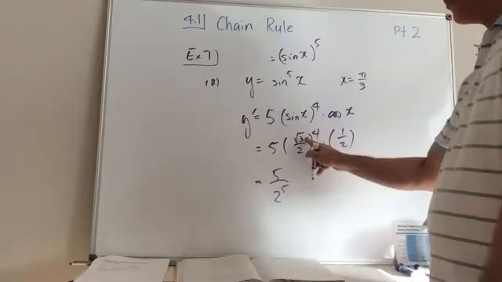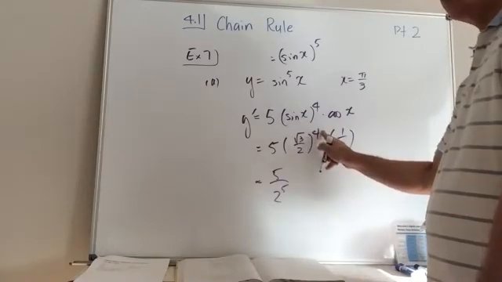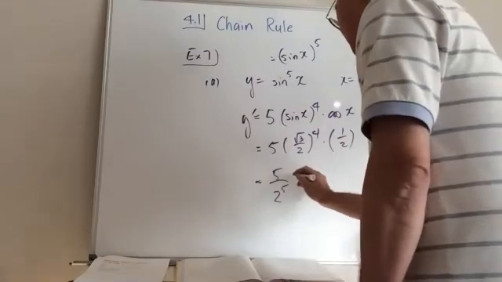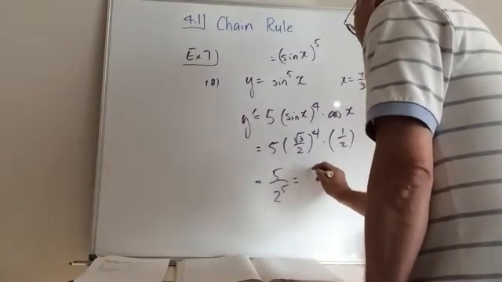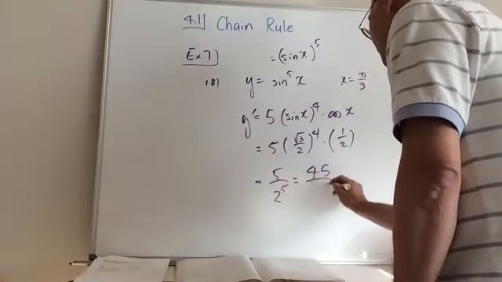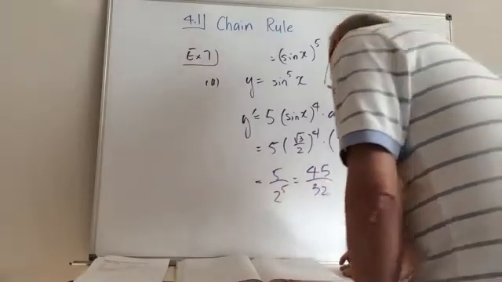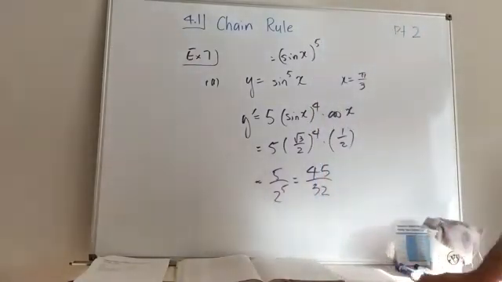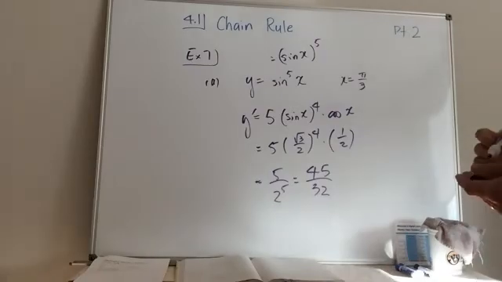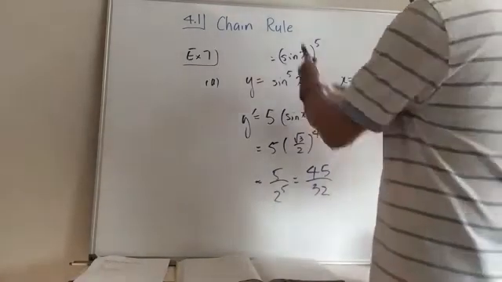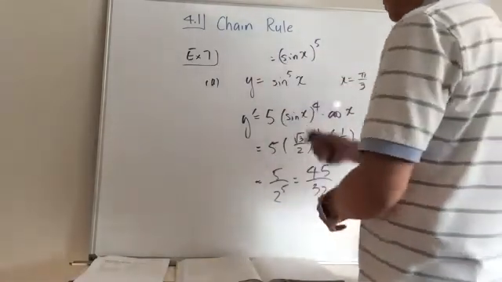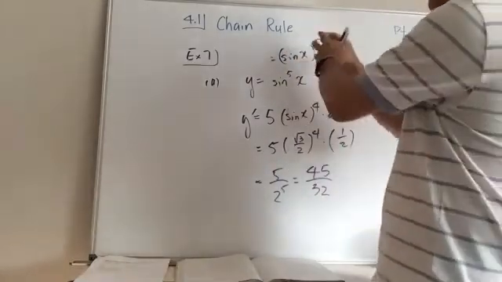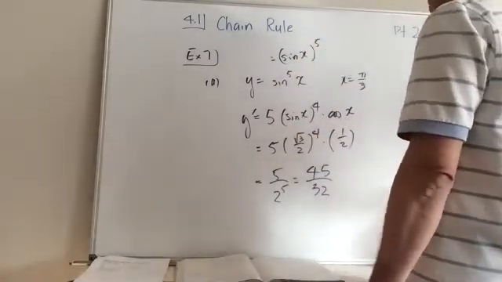Then I have root 3 to the 4th, which is 3 times 3, which is 9. So it's going to be 9 times 5, which is 45 over 32. That's the answer. They just call this the power chain rule, again, because this looks like something to a power of something else.